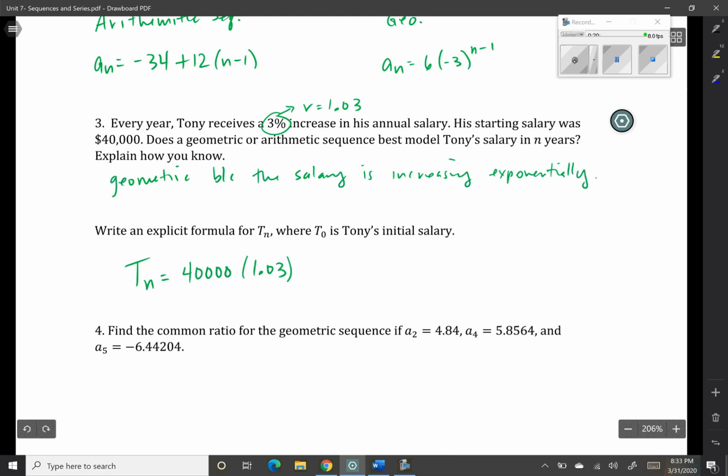But now we have to think about the exponent. If T sub 1 was the first year, we'd make the exponent n minus 1, but they want T sub 0. So that's going to make our exponent just n. This way, when I plug in 0 for that first year, it's going to give me 40,000.